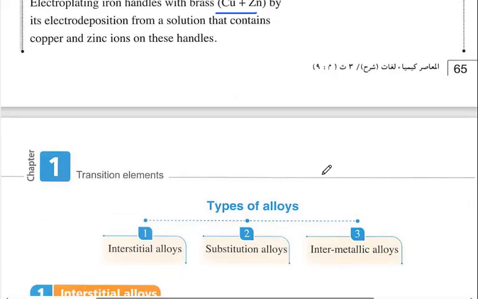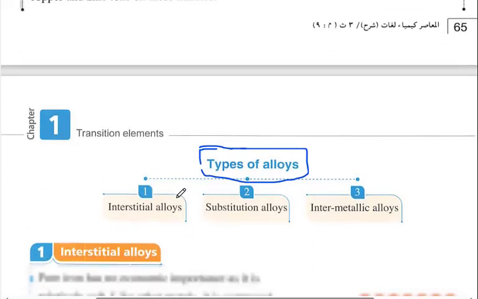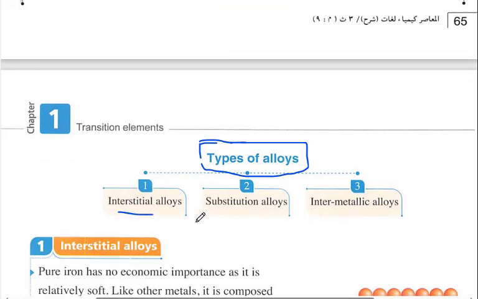So here we have these types of alloys: interstitial alloy, substitutional alloy or substitution alloy, and intermetallic alloy. So interstitial alloy, from its naming, is something we place in the intermolecular spaces between the atoms.